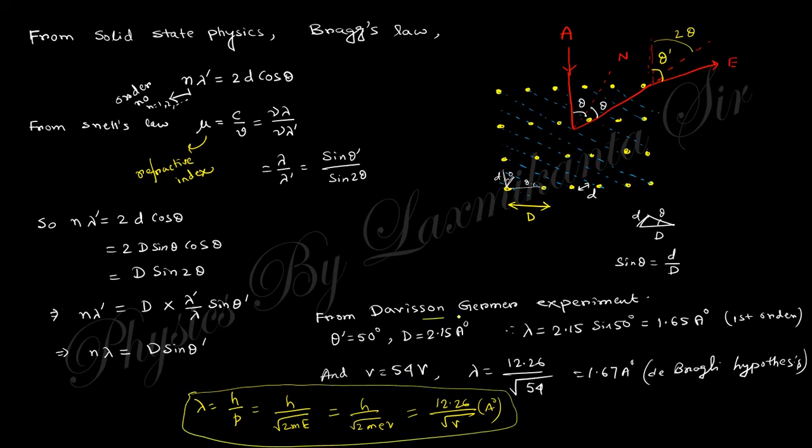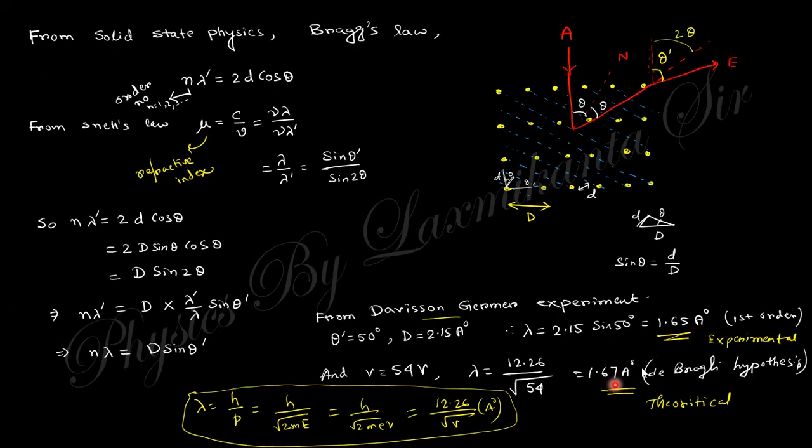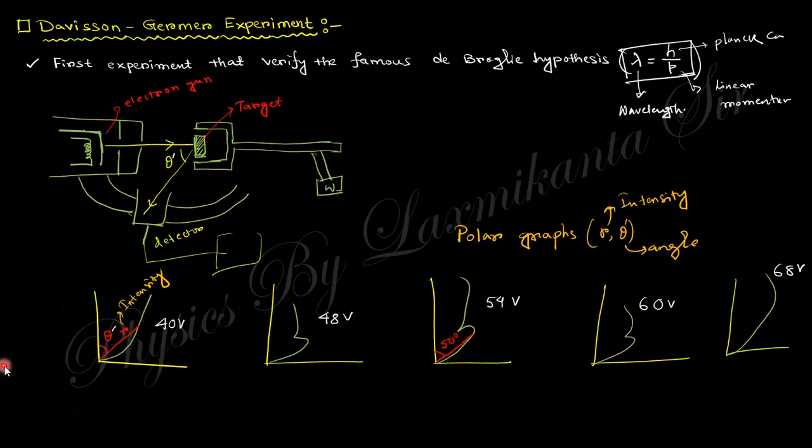So this is from the Davisson-Germer experiment, and this is from the de Broglie hypothesis. This is the experimental result and this is the theoretical result. Both nearly agree, you can see how close they are. So the de Broglie hypothesis is actually verified through the Davisson-Germer experiment.